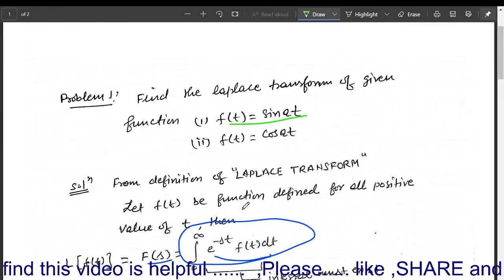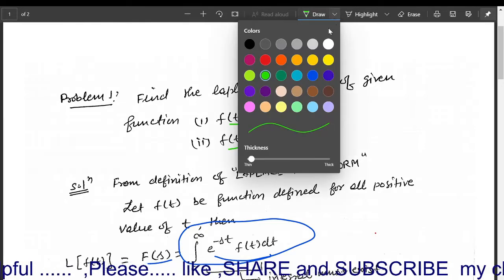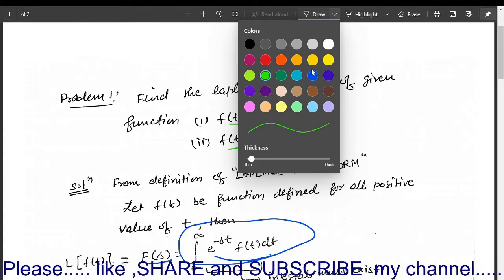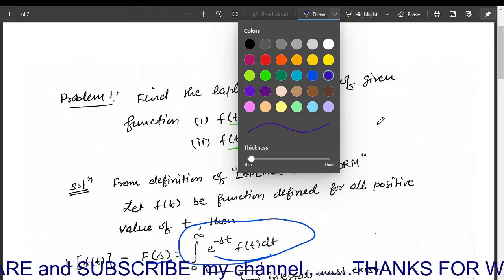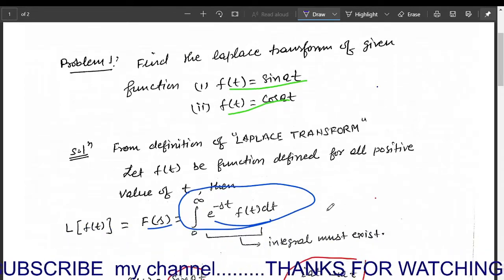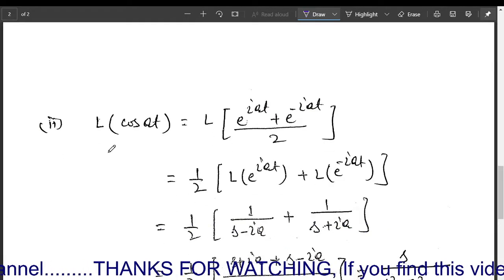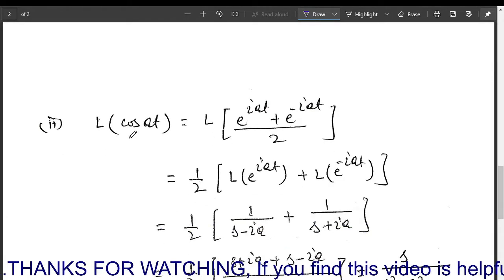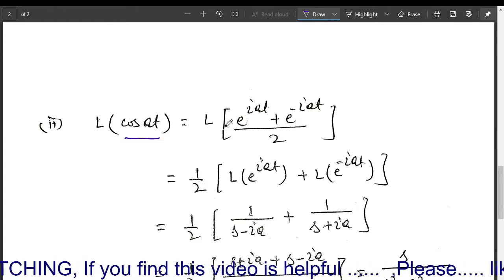Our next question is f(t) equal to cos at. So how will we solve it? Our next problem is the Laplace transform of cos at.